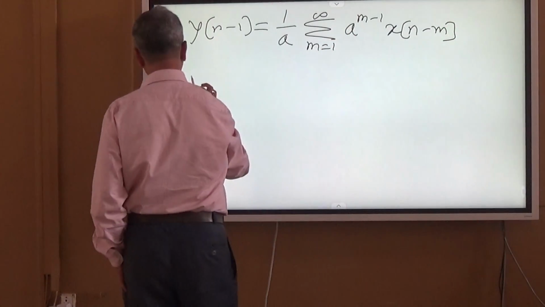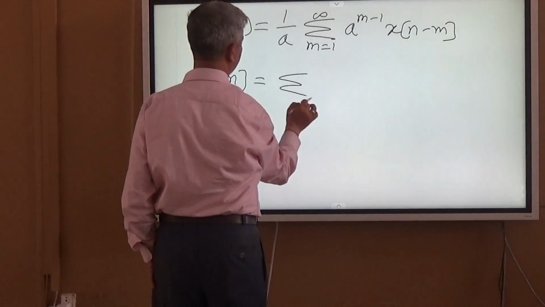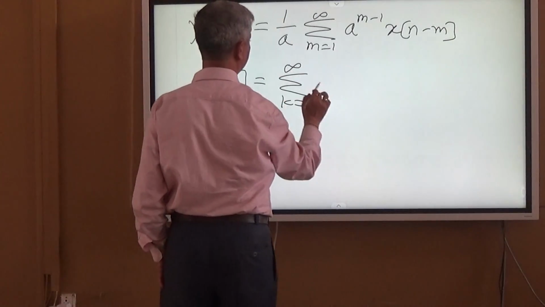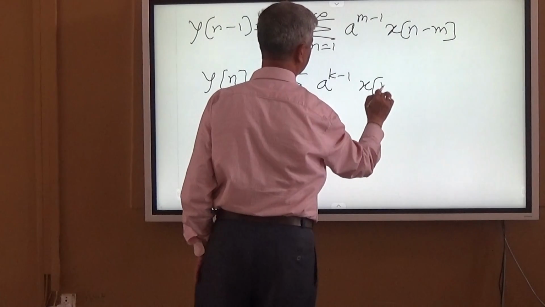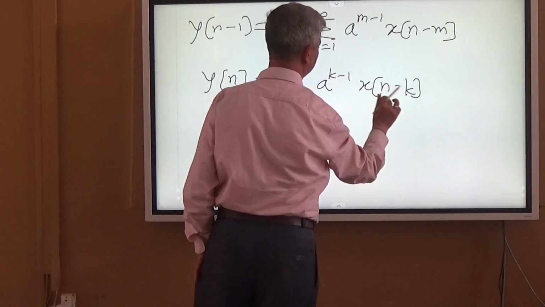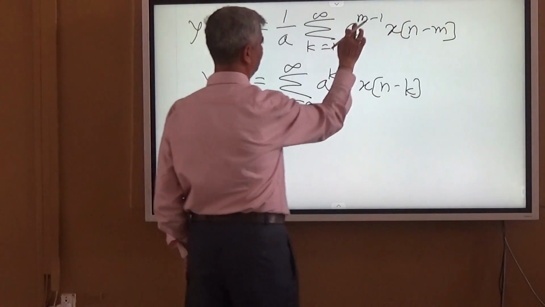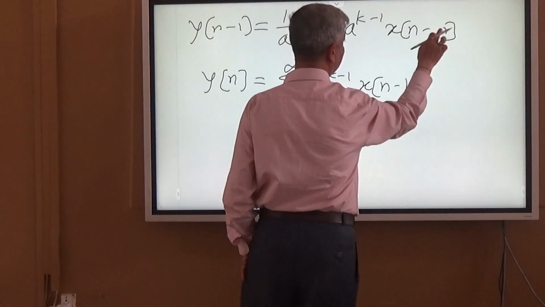And what is our y? y is equal to summation k equal to 0 to infinity a raised to k minus 1 x of n minus k. Once the idea is clear, there is no problem in using k also. Is it right?